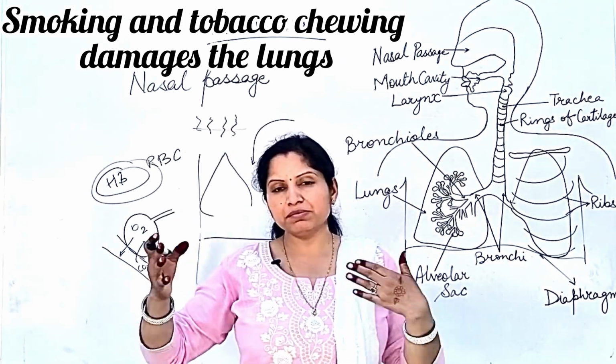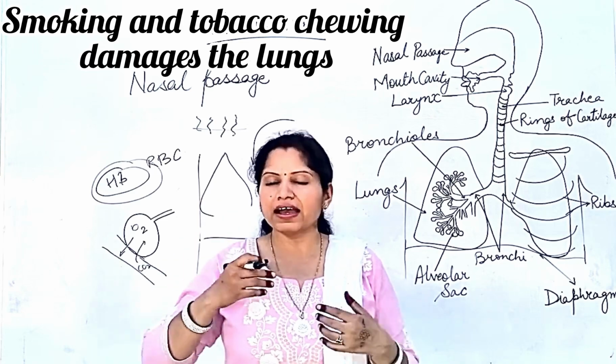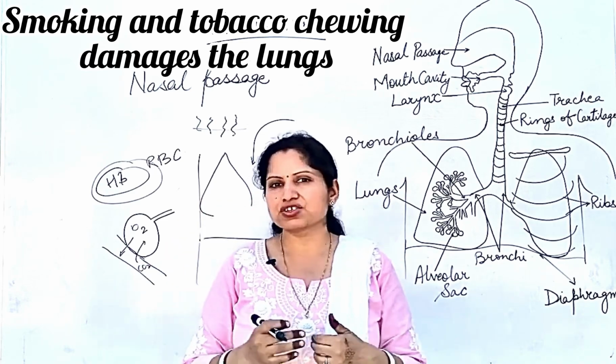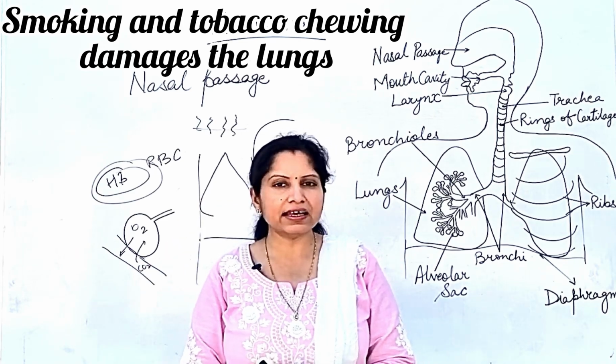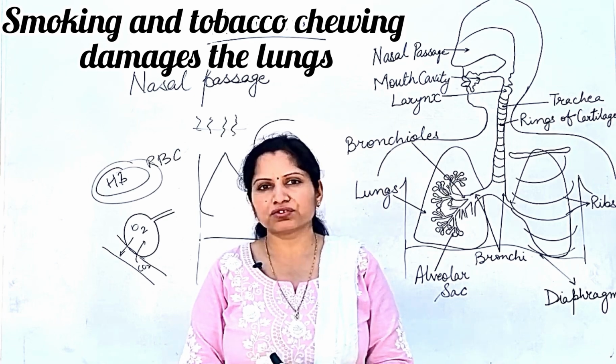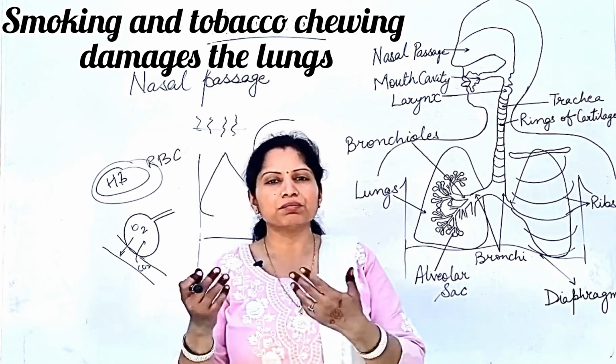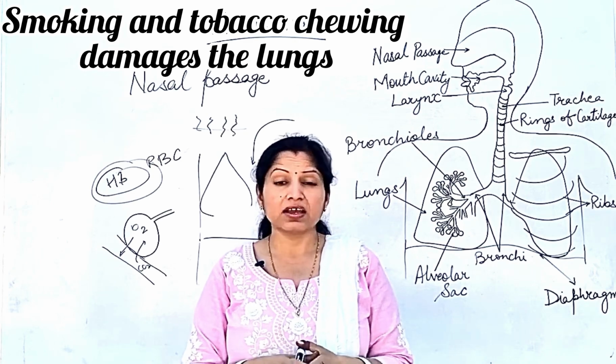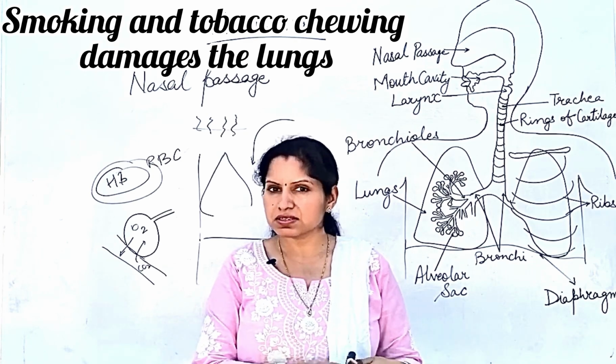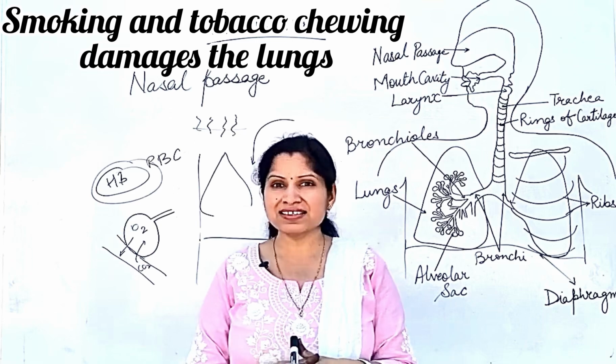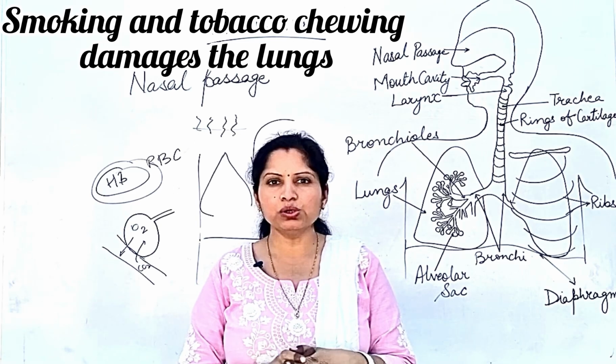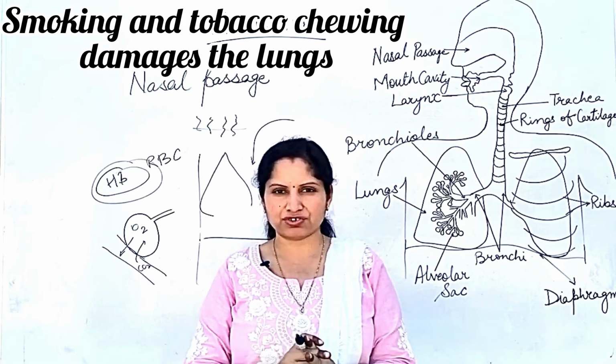These cilia help to remove the dust particles and the microorganisms that enter the respiratory tract. But these cilia can be damaged by the smoke that we inhale from smoking cigarettes. Apart from that, this smoke can also damage the lungs' alveoli and can lead to lung cancer. It's so dangerous.